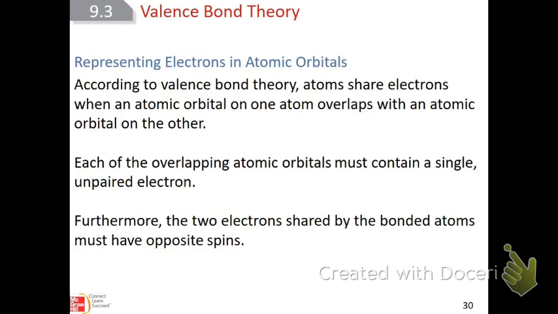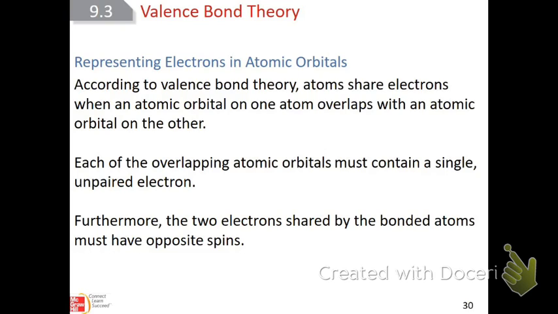So let's talk about the valence bond theory. According to this, atoms share their electrons in orbitals. Remember what orbitals are. Those are the shapes that electrons make as they're moving around the nucleus. Sometimes those shapes are sphere-shaped like a ball. Sometimes they're those peanut shapes. But as they are being shared between two atoms, they begin to overlap each other.